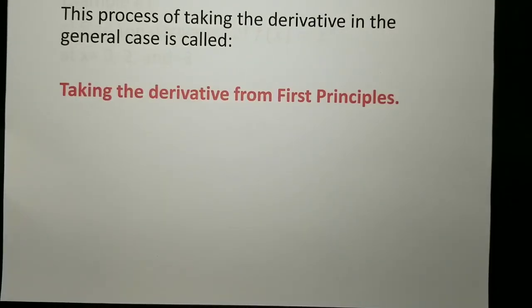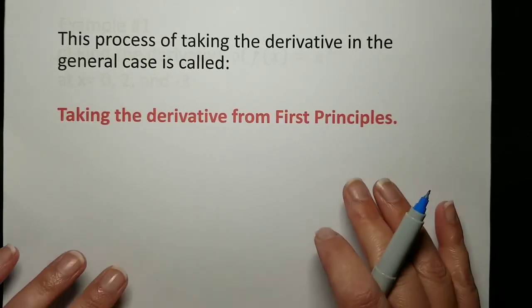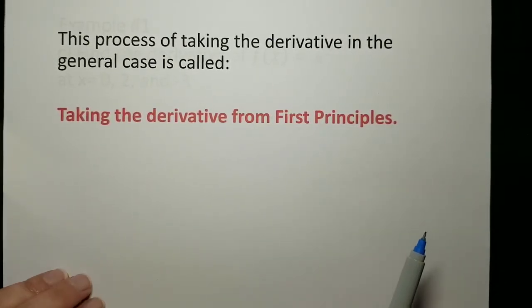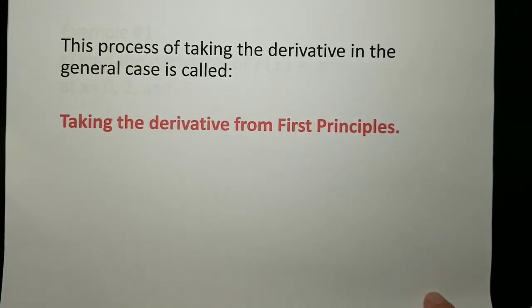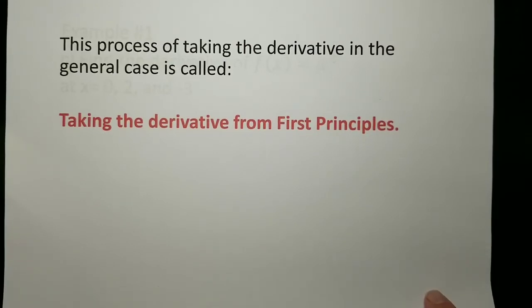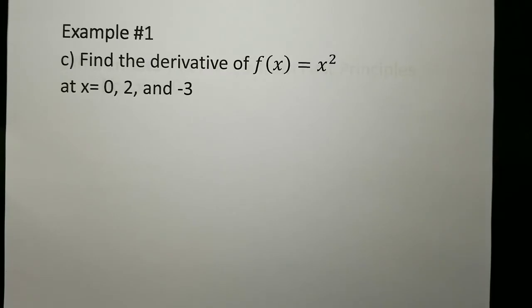And we're going to be able to do that for a lot of functions. So this process here is called taking the derivative from first principles, and it gives us a general equation or function that will tell us what the slope of that tangent is or what that instantaneous rate of change is at any point. Okay.